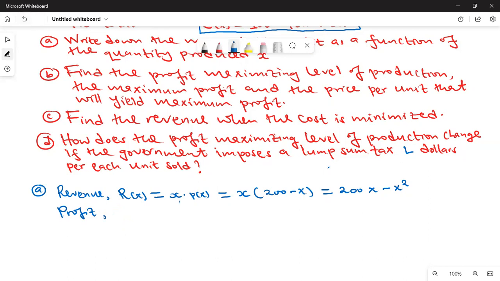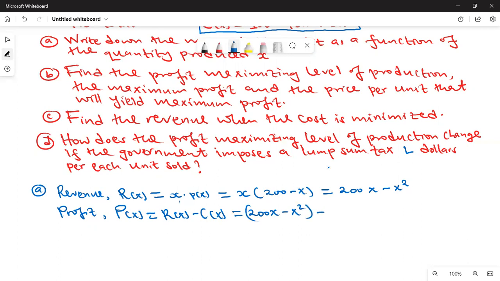So profit, we are going to write this as P, a function of X, that is revenue minus the cost. Our revenue is 200X minus X squared.